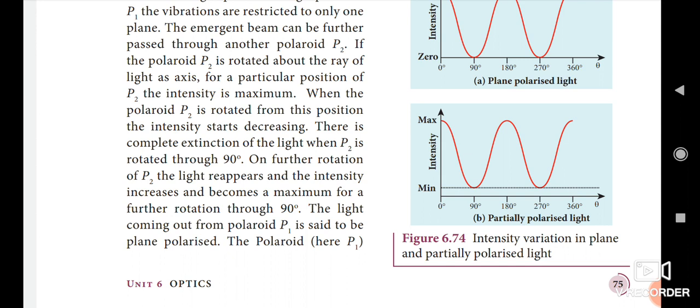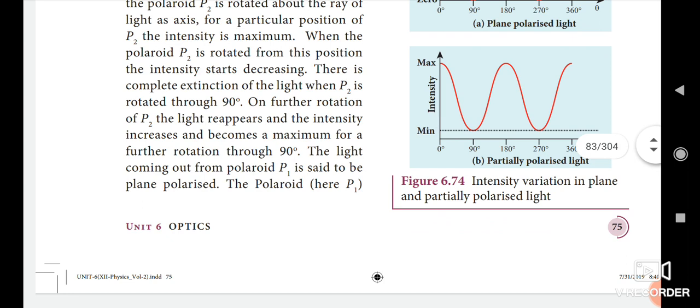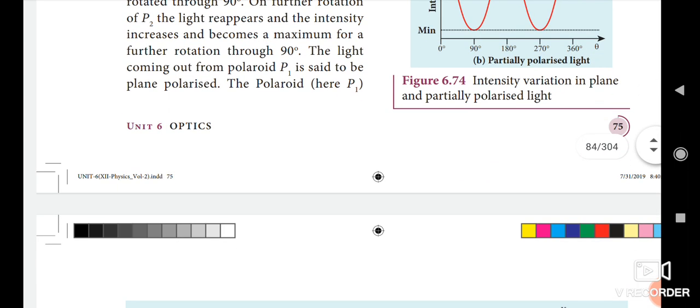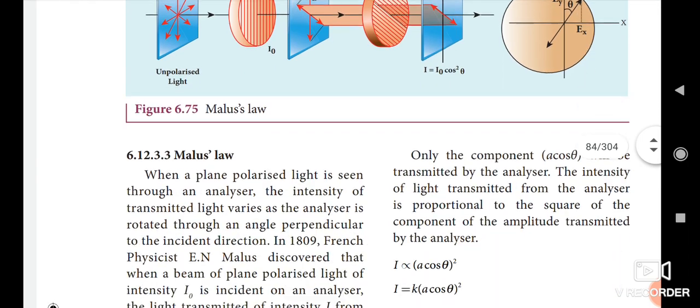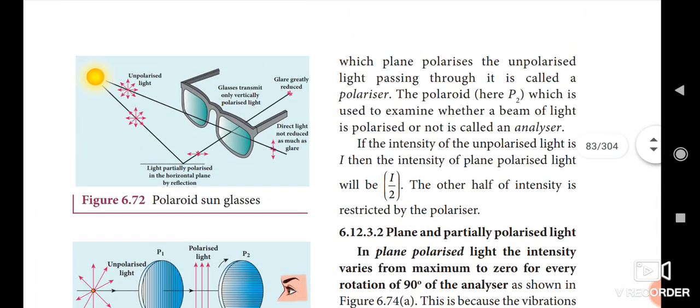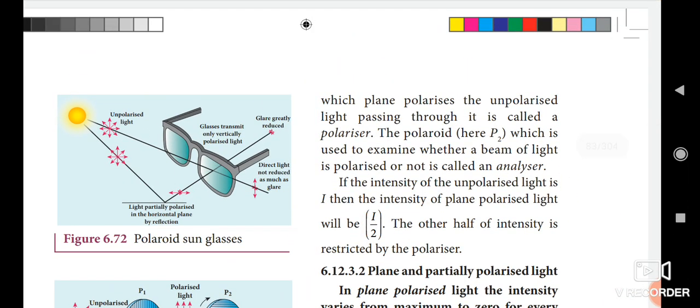Already said, the source is unpolarized light. That unpolarized light is passed through the polarizer. Then the light that comes out from the polarizer is called plane polarized light. Next, the polarizer P1, which plane polarizes the unpolarized light passing through it, is called a polarizer.